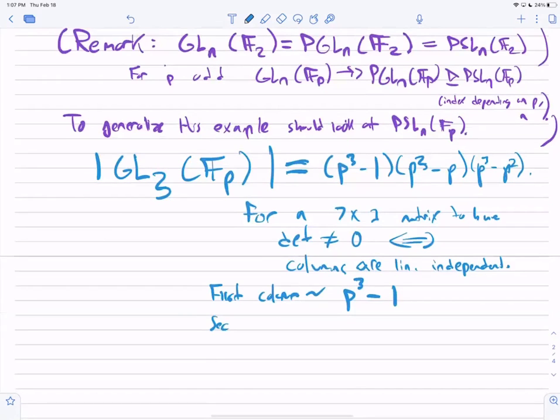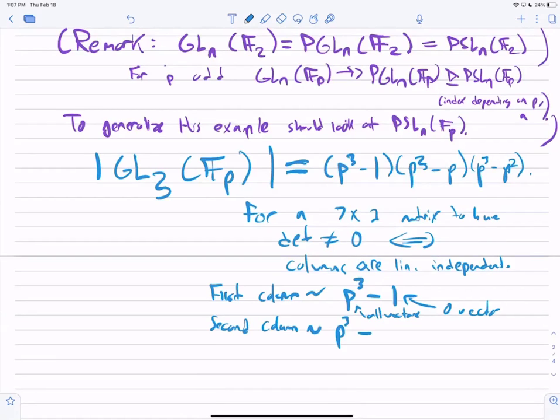And then the second column, you have to pick something that's linearly independent from the first one. So you start off with p cubed possibilities, which is all vectors.